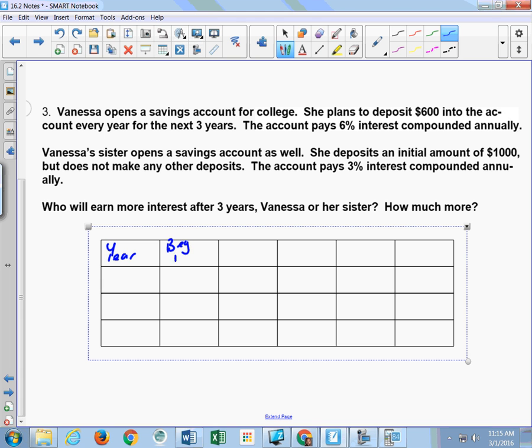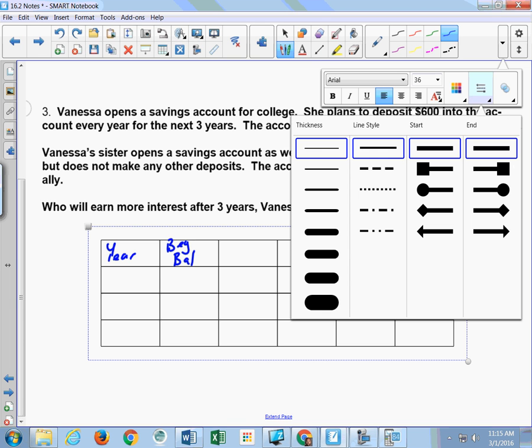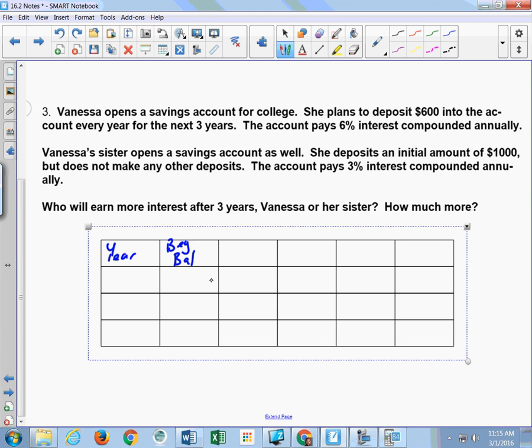Beginning balance, deposit, new balance, interest earned, and ending balance.